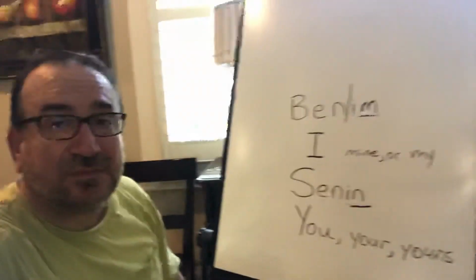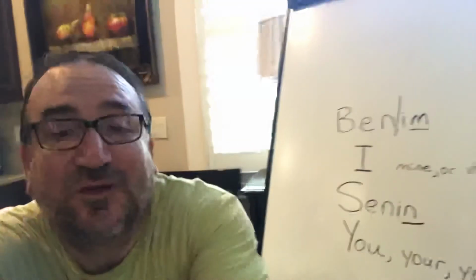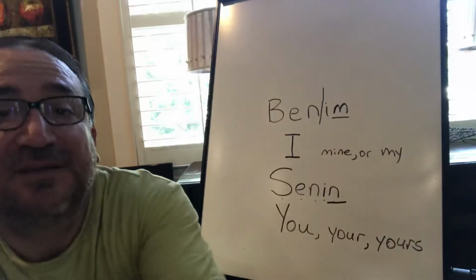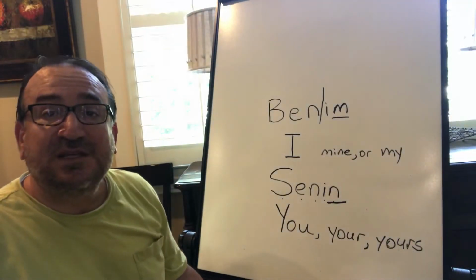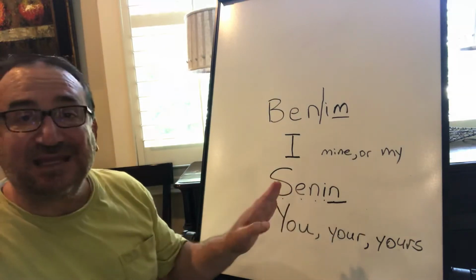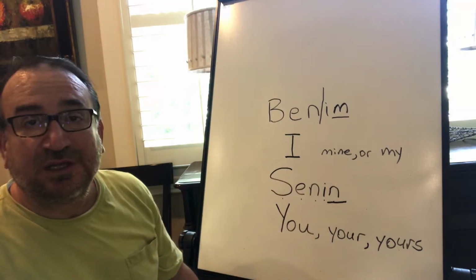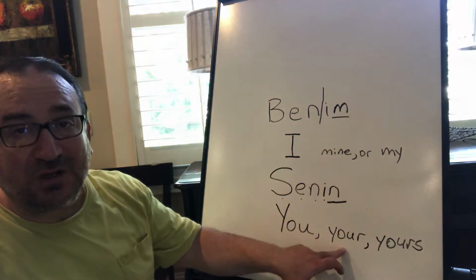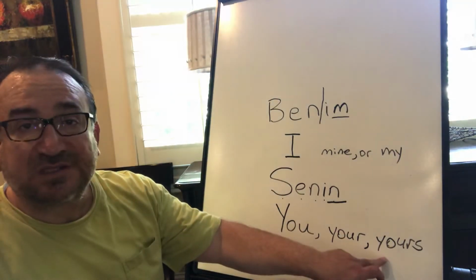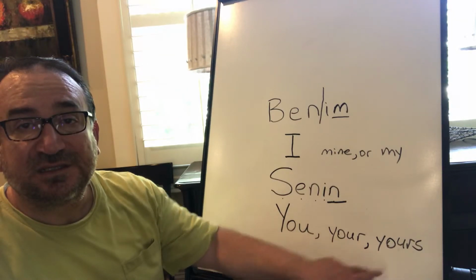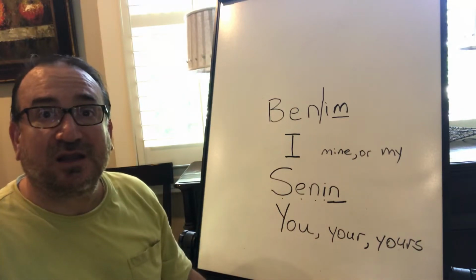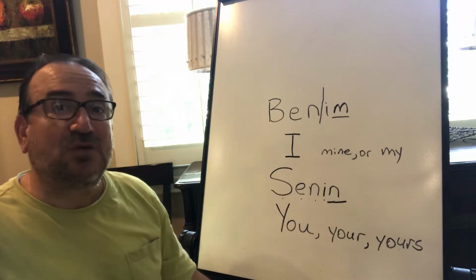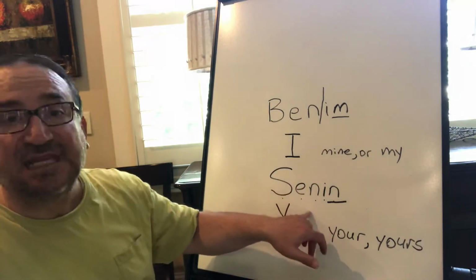So your name, our camera is off a little bit so we can see the whole board. So when you say sen, it means just you. But when you say senin, either it means your or yours. Like your car or something that belongs to you is senin.